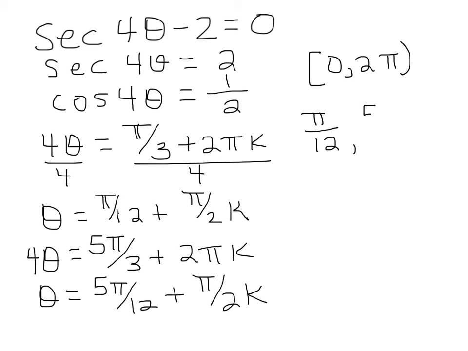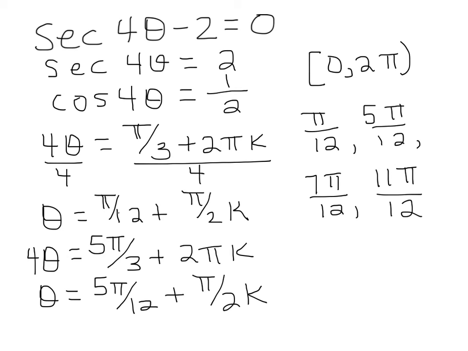So I'm going to go ahead and write my 5 pi over 12 because I like to keep them in ascending order. So I have 7 pi over 12, and then I will add pi halves to 5 pi over 12, and that will give me 11 pi over 12.